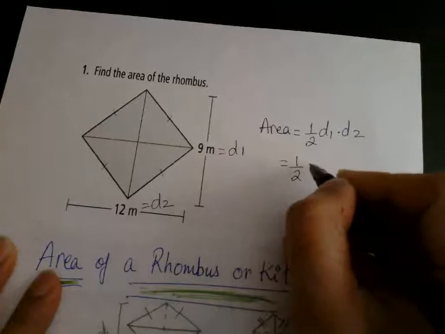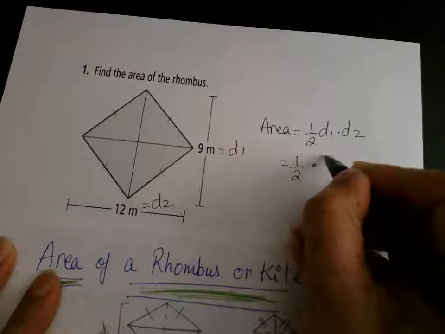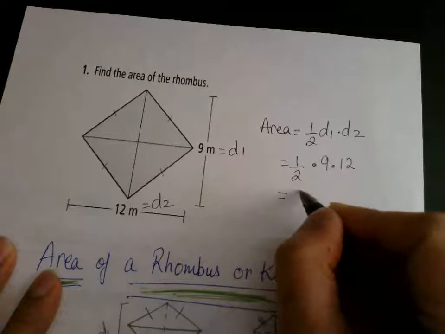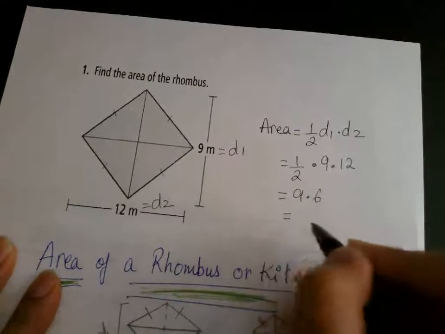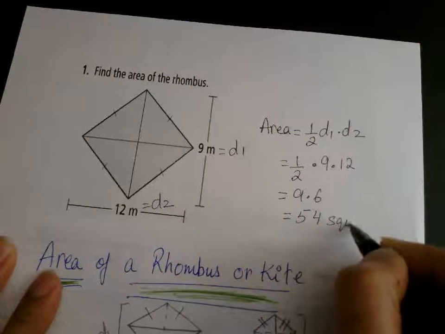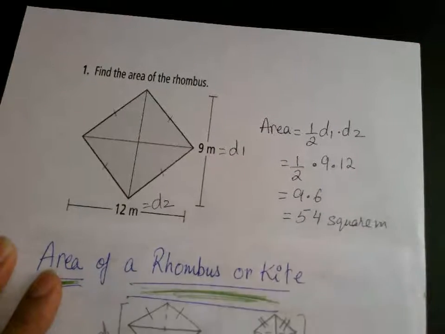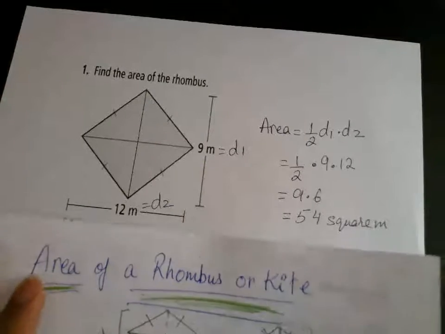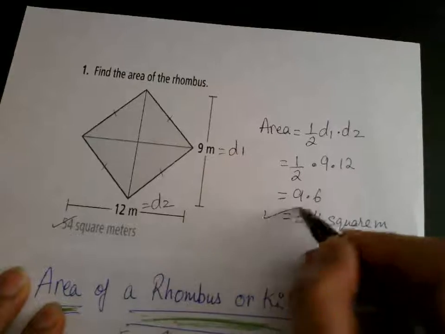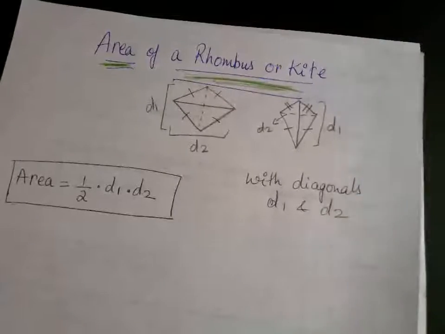So half times 9 times 12, which will give you 9 times 6, which is nothing but 54 square meters. Let's check our answer. Checked. Now another concept.